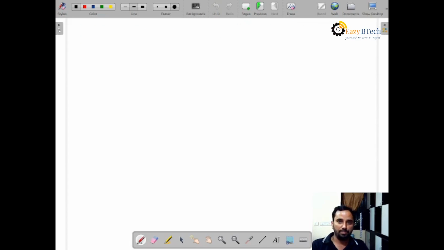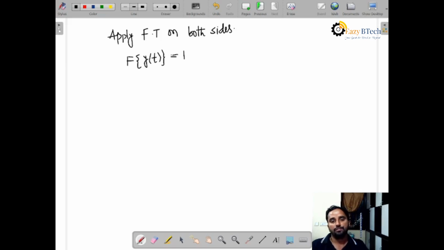Then we are going to apply Fourier transform on both sides. The Fourier transform of y of t is equal to the Fourier transform of k into x of t minus TD. The Fourier transform of y of t is y of omega.